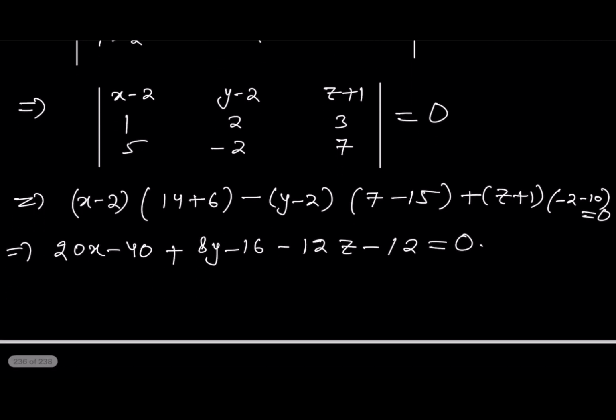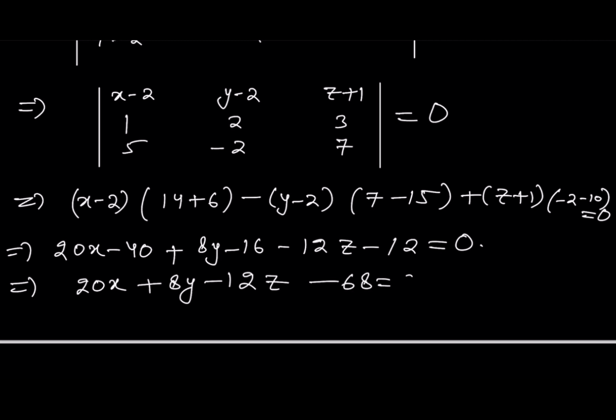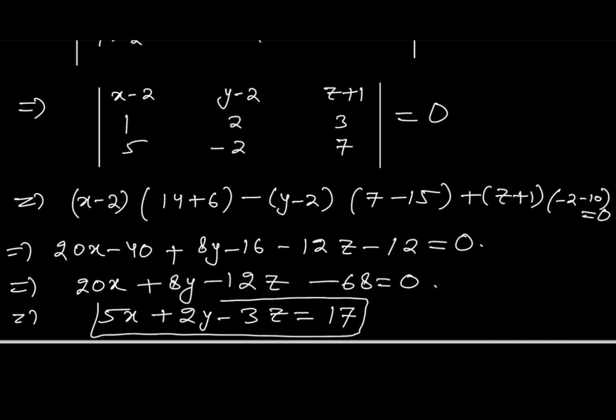Or 20x plus 8y minus 12z minus 68 is equal to 0, or 5x plus 2y minus 3z is equal to 17. So this is the required equation of the plane.